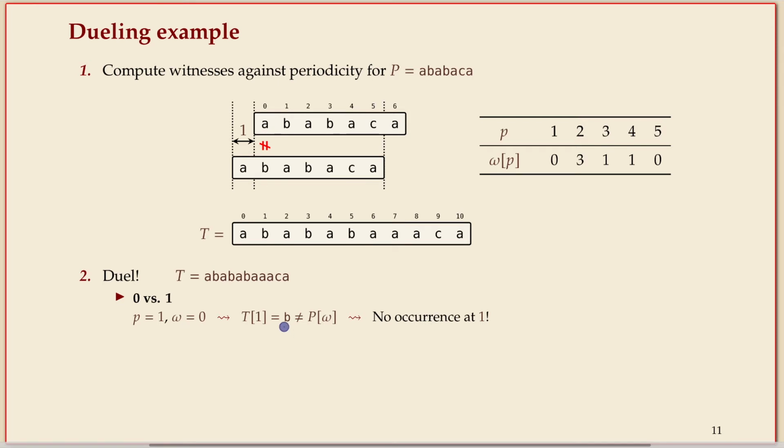So we check the position t equals 1, which is a B, and that's not the character of the pattern at omega 0, which would be an A, right? So we cannot have an occurrence at 1. We might still have an occurrence at 0. We can't tell at this point. But we've excluded, by checking the witness position in the pattern against the corresponding one in the text for the two potential matches, for the 2 guesses, that at least this one is excluded.